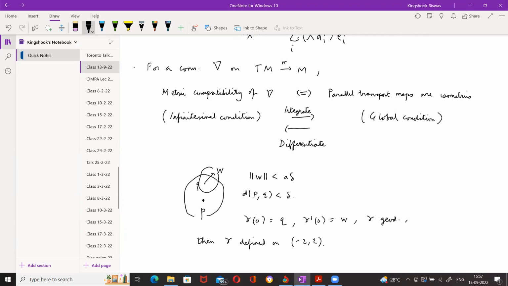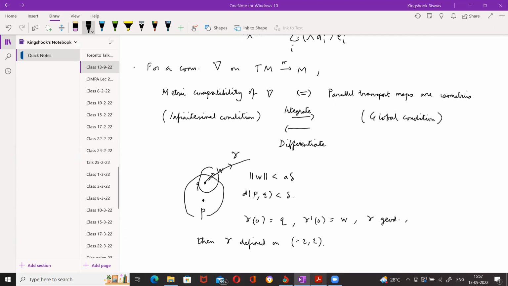So this geodesic with these initial conditions will be defined for time at least minus 2 to 2. This will be the geodesic gamma.